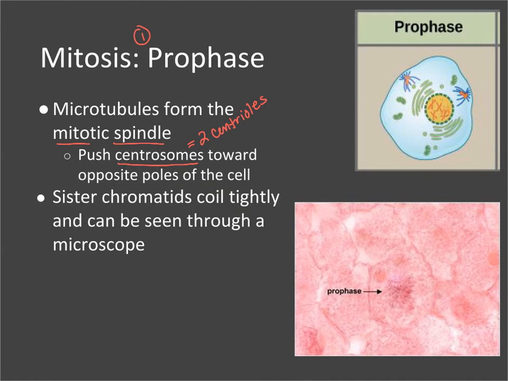And those centrioles have these protein fibers called microtubules that sprout from them. So if we look at this picture over here, we can see that this is a centrosome and this is a centrosome. And inside the centrosomes, we have the centrioles, which are these little structures here. And then the microtubules are these little lines that are coming off of the centrioles.